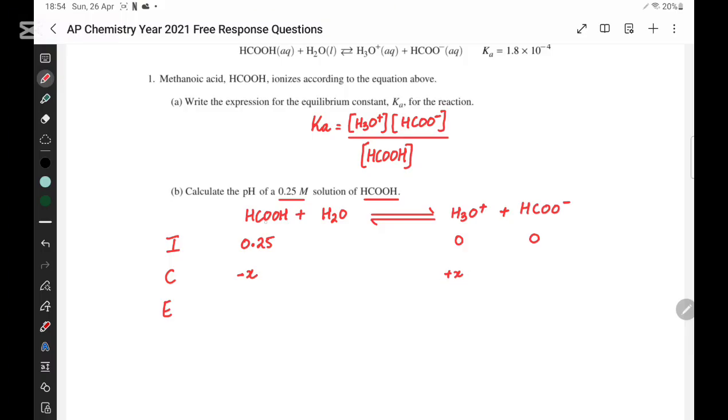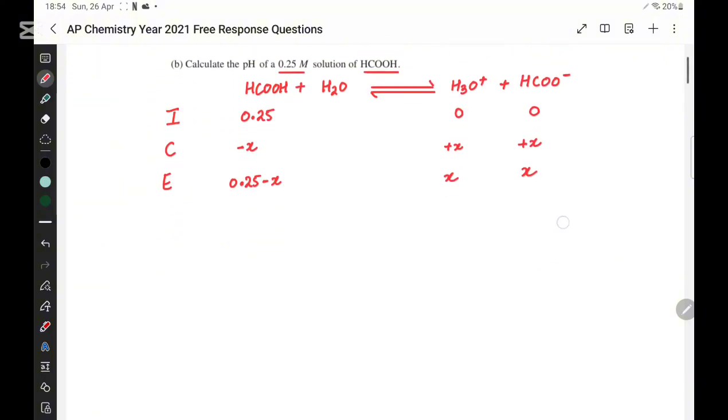As it is 1:1, we just write plus X, and as it is 1:1 with HCOO minus as well, I'm going to write plus X there too. Then for equilibrium, we add the above two quantities, so it becomes 0.25 minus X, and here only X, and here only X as well.